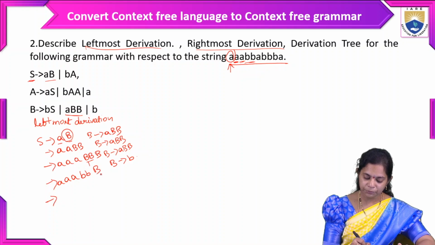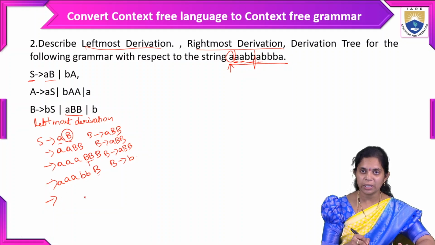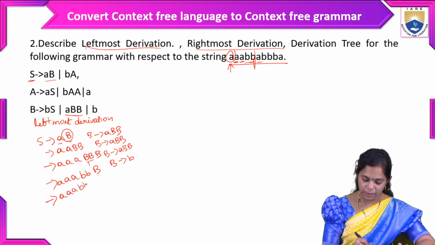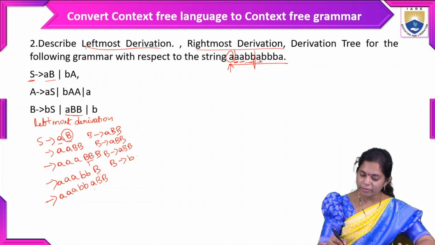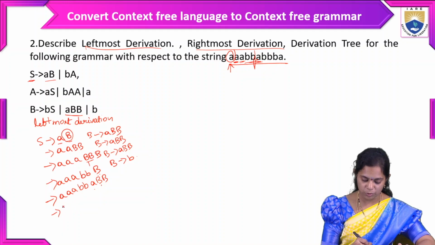We finished till now. Here A is required. For the capital B, if you substitute A, B, B, again we got the value of A. One more time, and in the leftmost derivation this B has to be substituted.